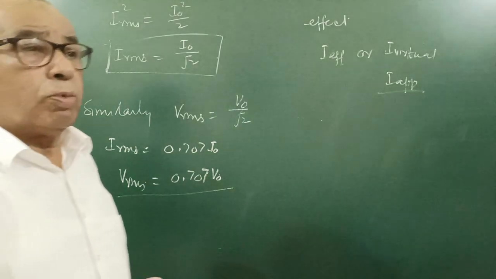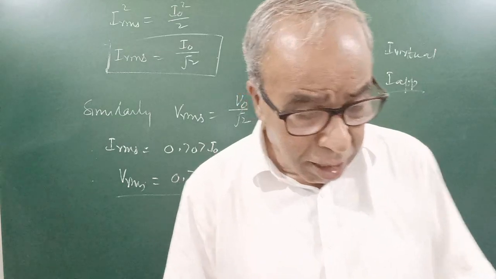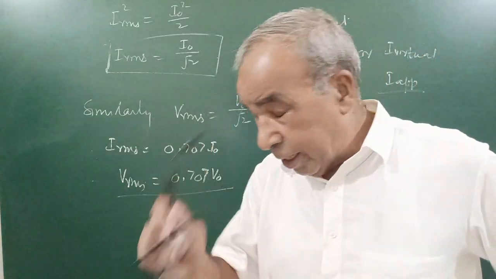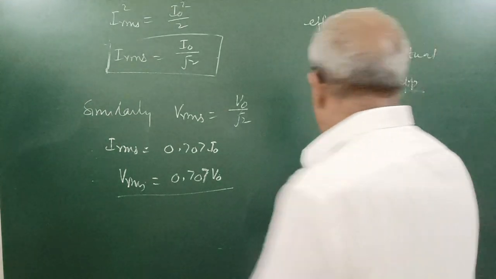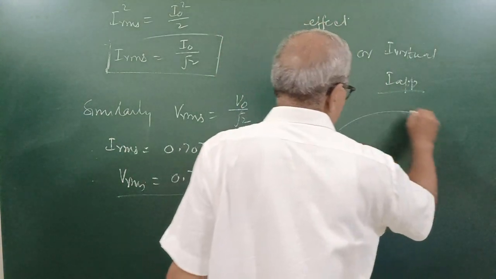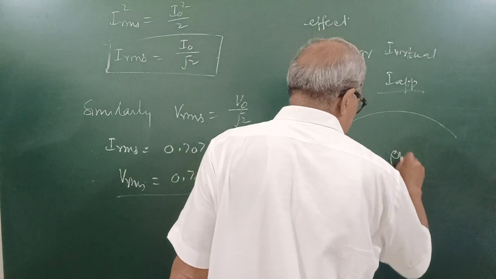In measurement of AC current or AC voltage, we measure the RMS value, and the effect used to measure is the heating effect. An AC ammeter or voltmeter consists of a spring connected to a pointer.